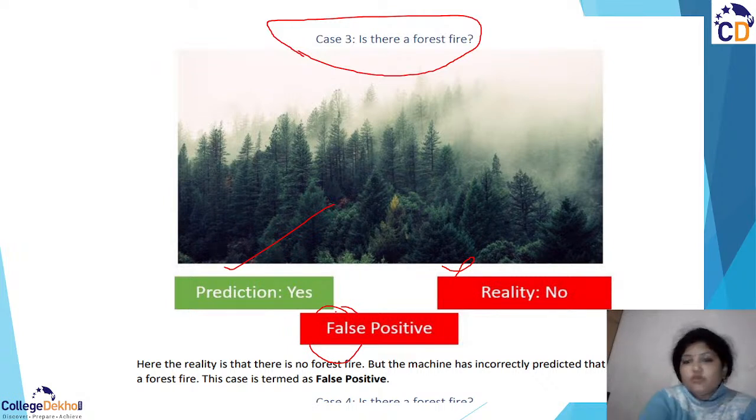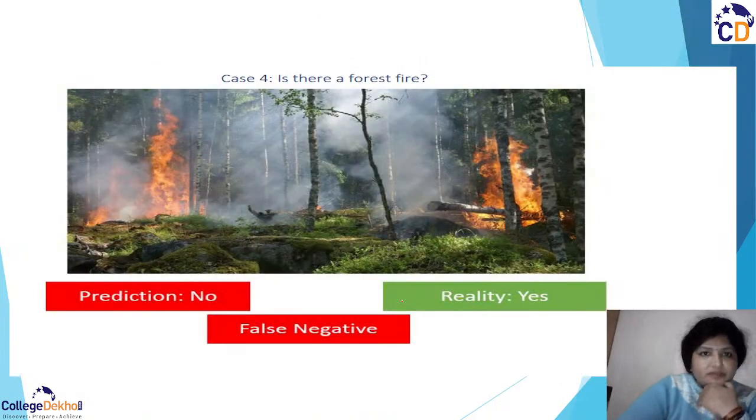You are not matching. Both the conditions are not matching here. So what we need to do is, when both the results are not matching, that means false. Whatever the value of prediction, yes, that means positive. This is how we take the next condition, false positive. Next, is there a forest fire?